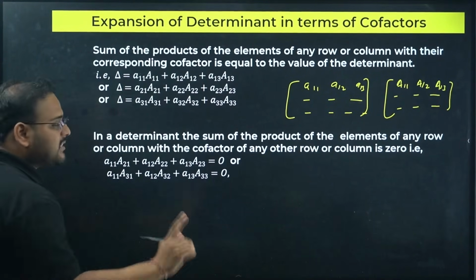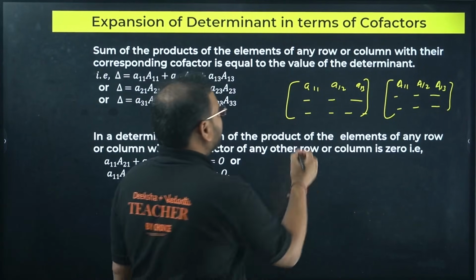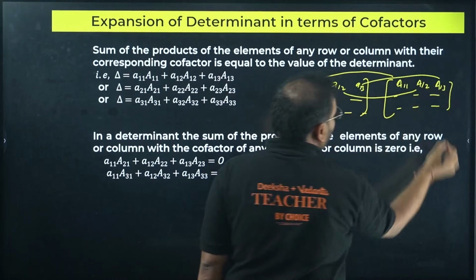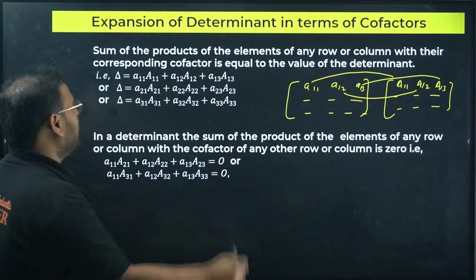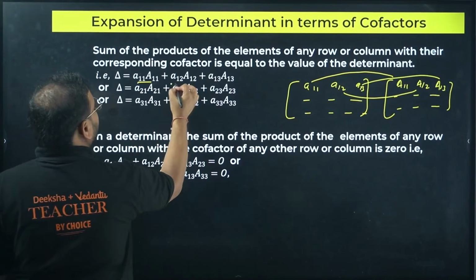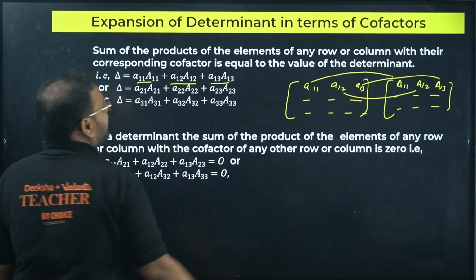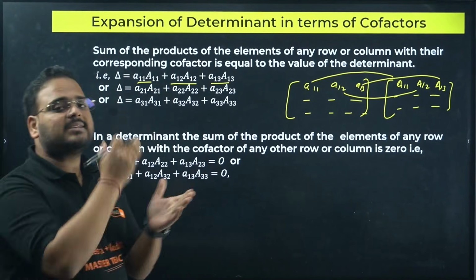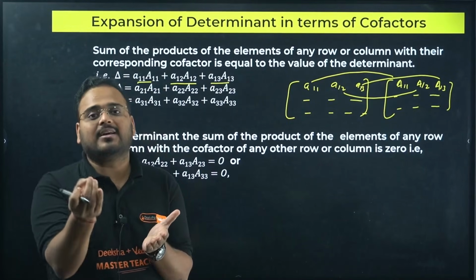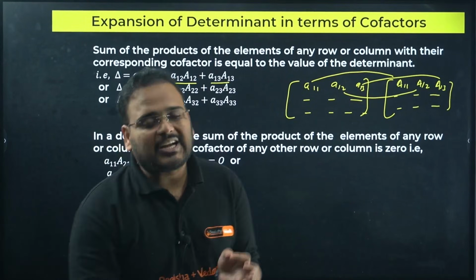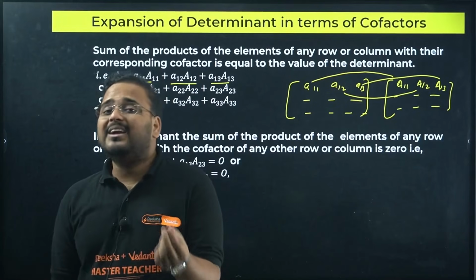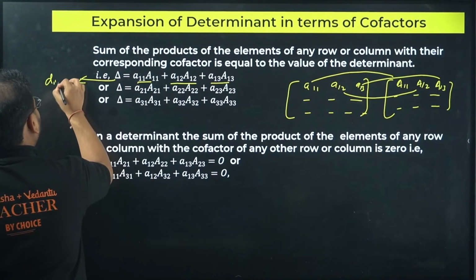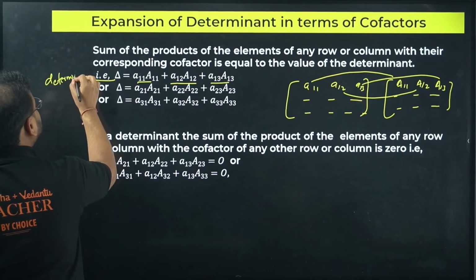So if you multiply corresponding elements to the cofactors, small a11 capital A11, small a12 capital A12, small a13 and capital A13, when you multiply these, what is it called? Elements times the corresponding cofactors from the same row or column, then you end up with the determinant. This is called the determinant symbol.